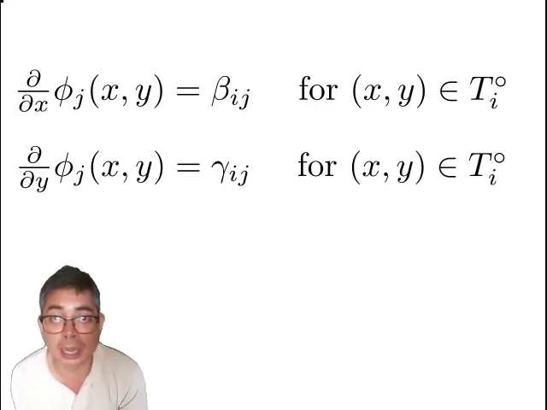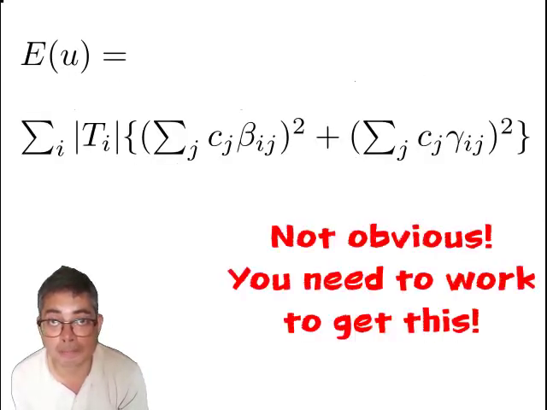But other than at those points, they can be differentiated partially to produce these rather simple constant expressions. As a result, that complicated formula for the energy of u now reduces to this expression. Pretty complicated. However, observe that this is a quadratic form in the c_j's. Remember that it is the c_j's that we are trying to find.